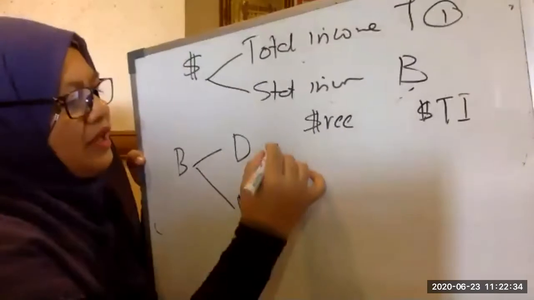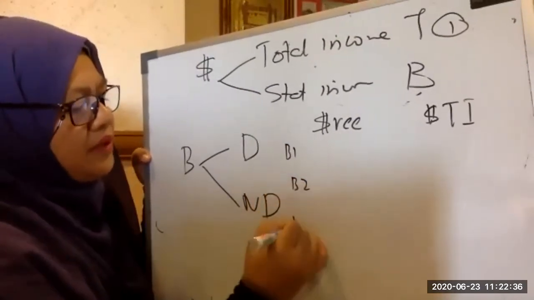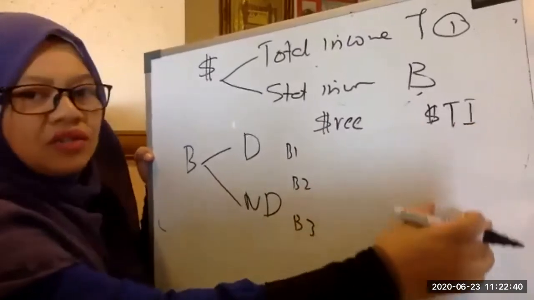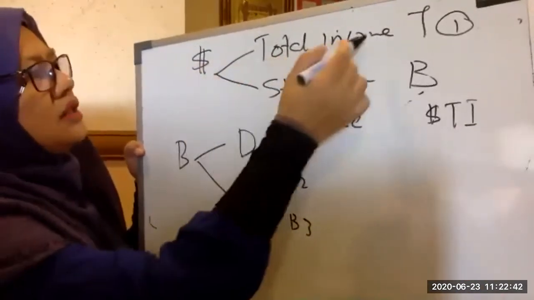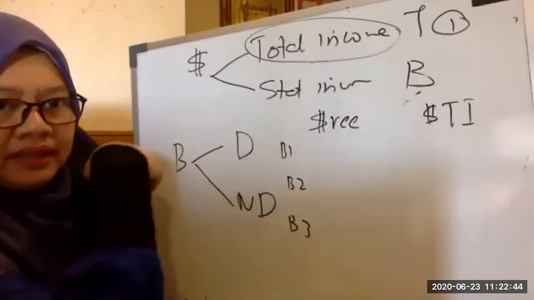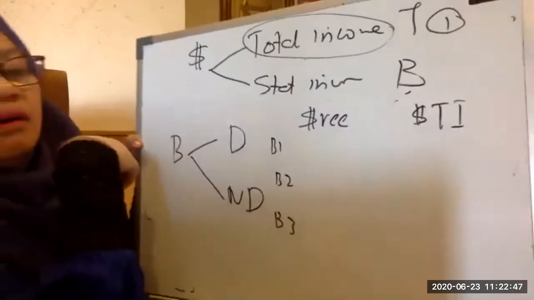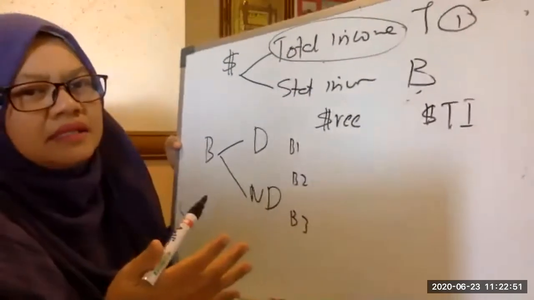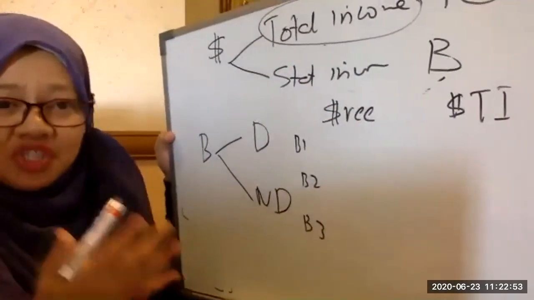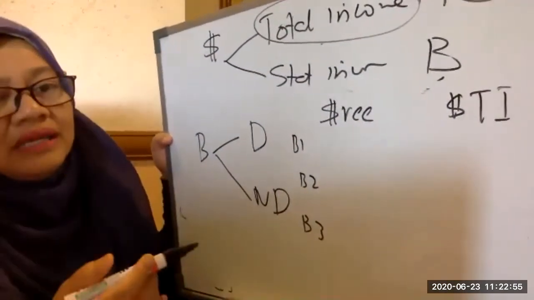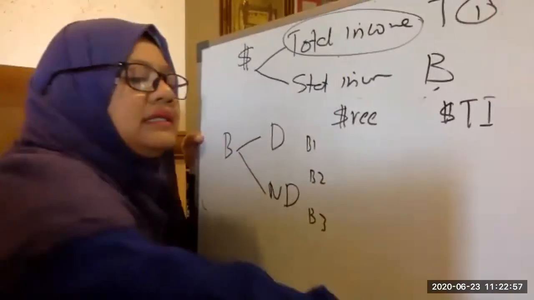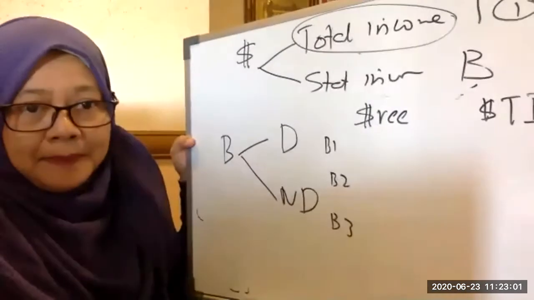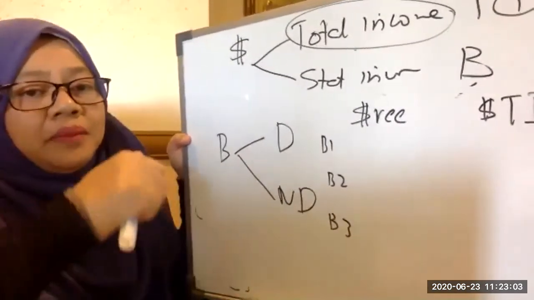For example, you have B1, B2, and B3. So how much they actually receive and how much is your total income based on the apportionment, as stated under the will or as decided. Sometimes if it's not given, for example the discretionary part, then you have to look for some kind of basis to determine how much is the apportionment. So you have to work a little bit extra.